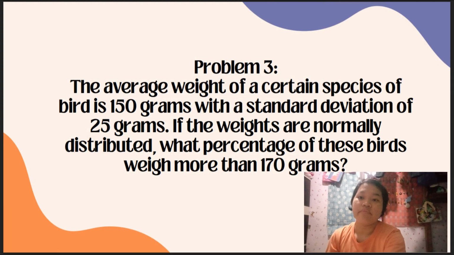The next problem, problem 3. The average weight of a certain species of bird is 150 grams with a standard deviation of 25 grams. If the weights are normally distributed, what percentage of these birds weigh more than 170 grams?